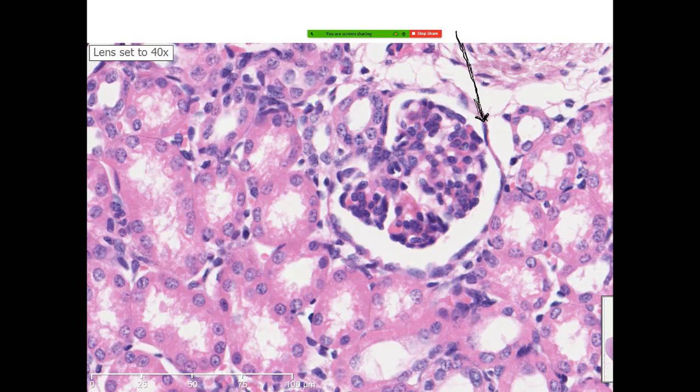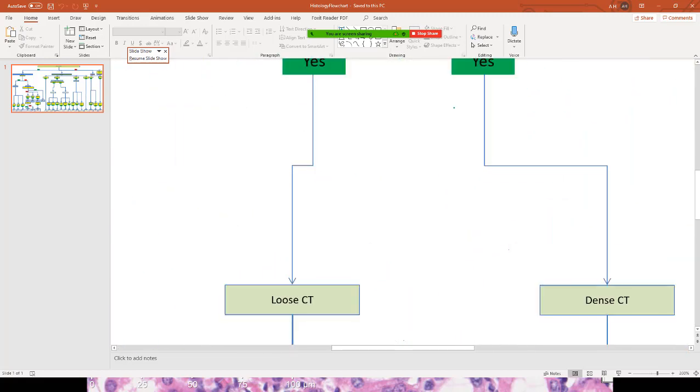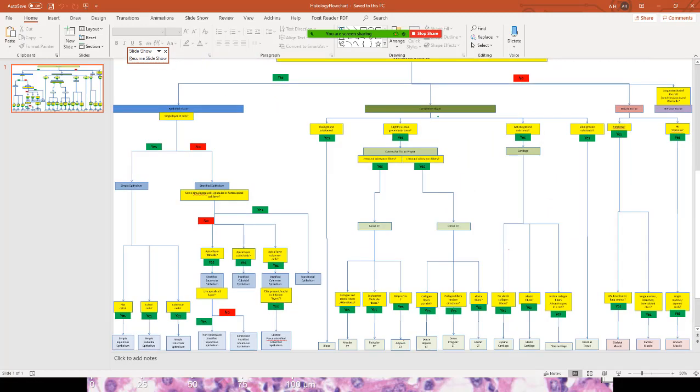So if you were to take the flow chart, it will help you look at these as well. And here is, if I could find the flow chart here, it looks like something like this, right? These are all generalizations, so take this with a grain of salt for some of them.